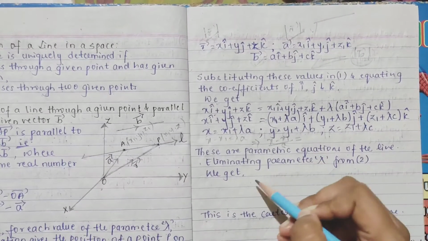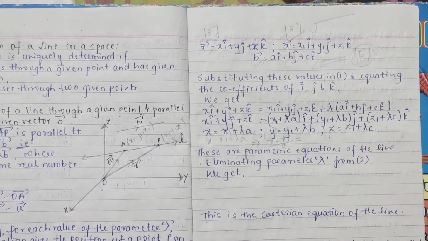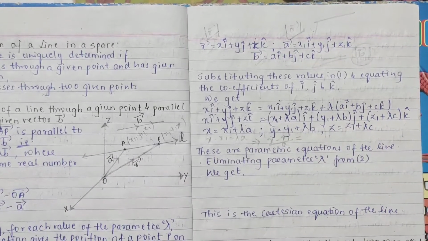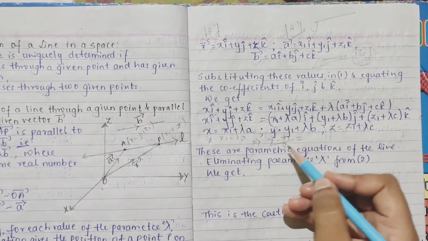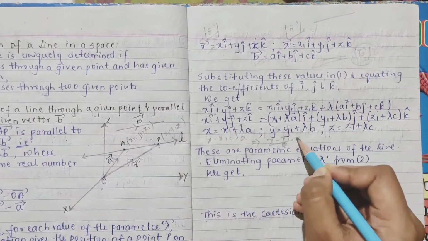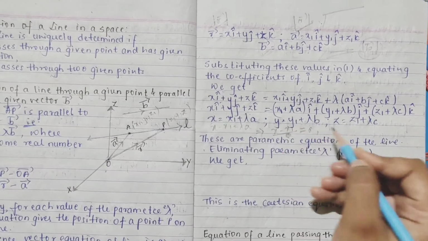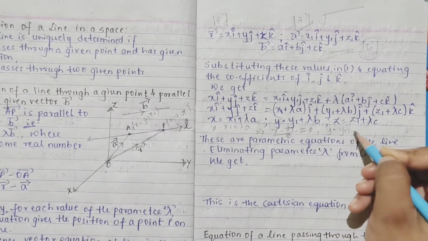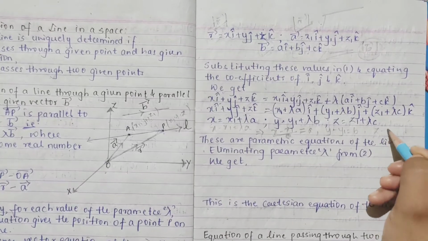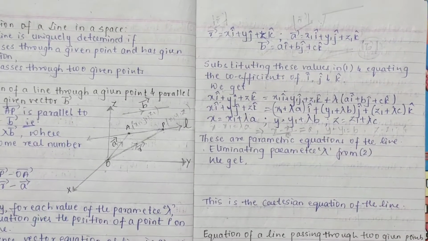This will be equal to the other ones, because in all three equations it is lambda, so we equate them. Here x minus x1 is equal to lambda a, y minus y1 is equal to lambda b, and z minus z1 is equal to lambda c.